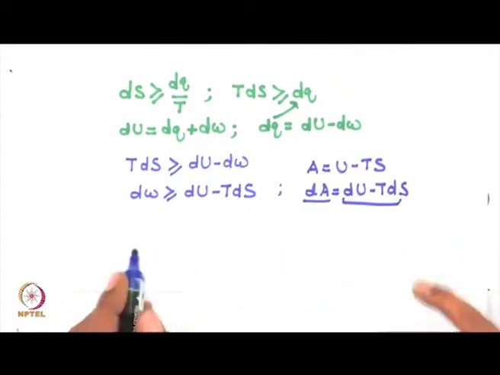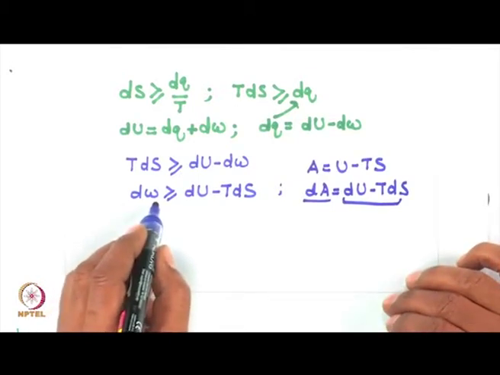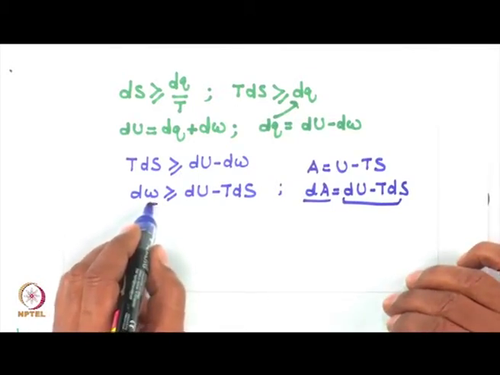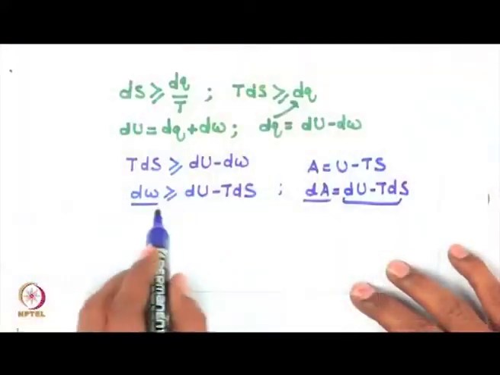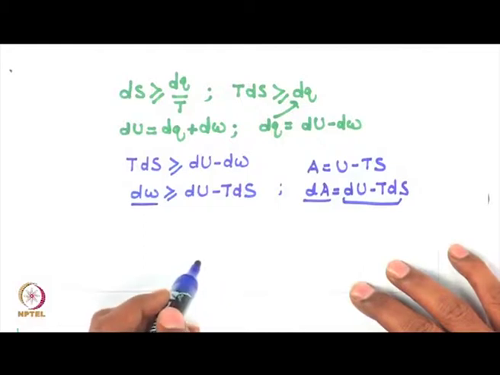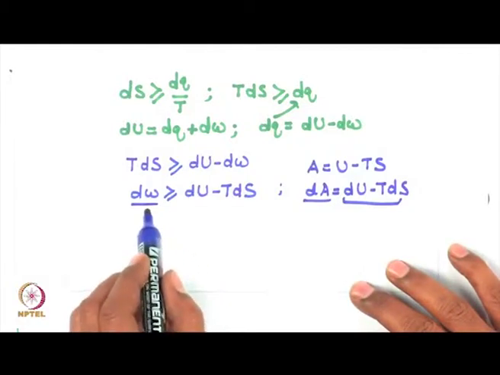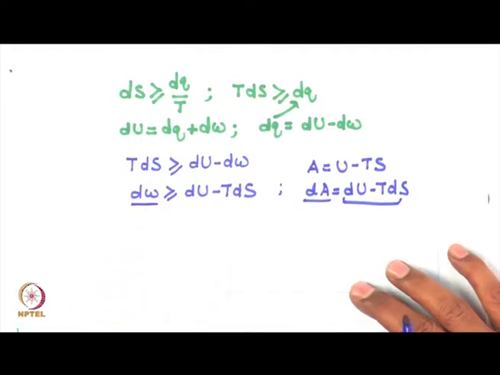And another thing is, since we are interested in the negative value of dW, because when work is to be extracted from the system, work is to be obtained from the system, in that case the value of dW has to be negative. According to this inequality, the maximum negative value of dW is possible when we use the equal to sign.